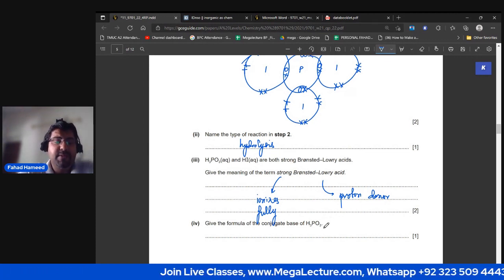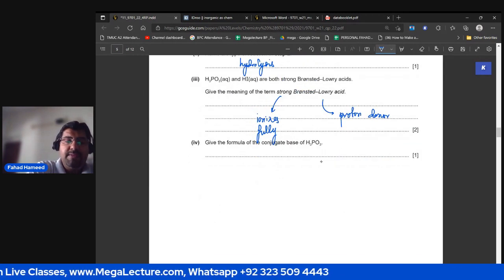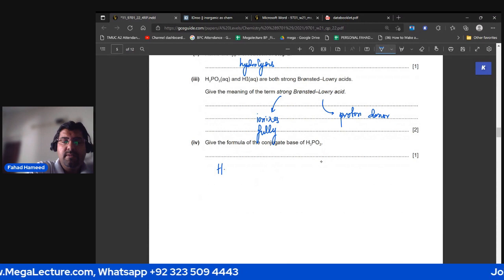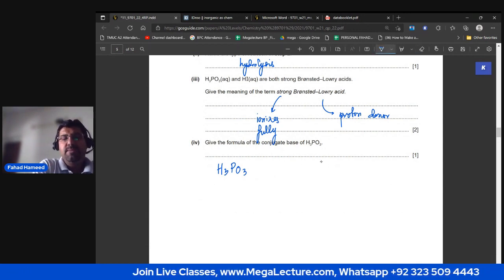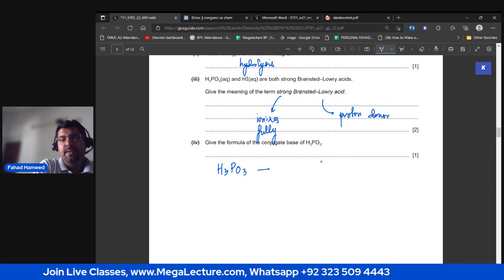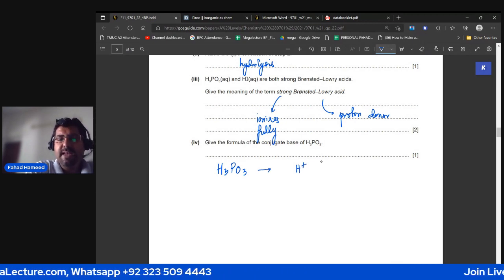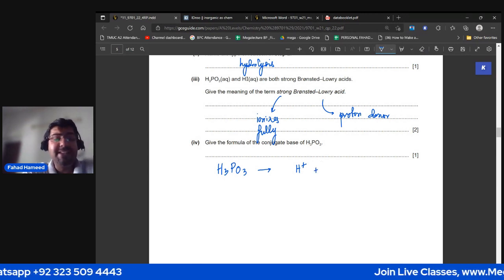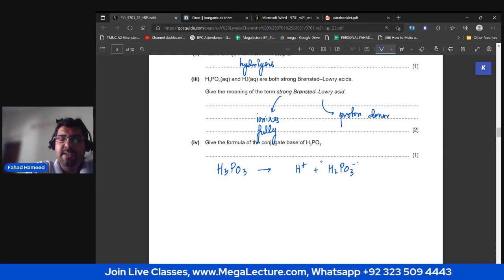Give the formula of the conjugate base of H3PO3. So whenever you have an acid, the H3PO3 would produce H+ ions. So that's how it acts as an acid. Let's assume that it releases one H+ ion. So what's left is H2PO3 with a charge of -1.